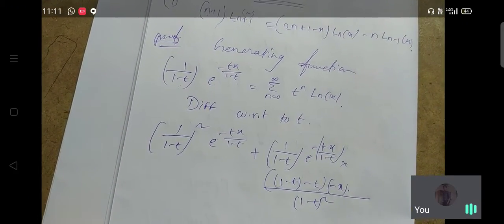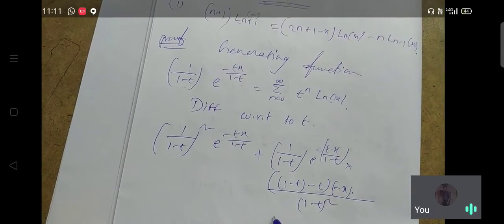Which is equal to the summation of n equal to 0 to infinity.